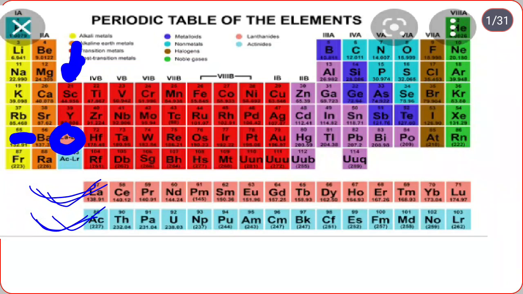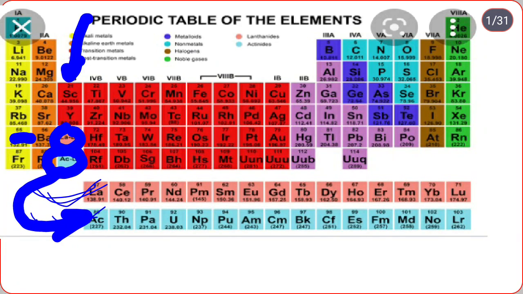This group number is third, also known as third B. And that of the actinide series is in seventh period, and it is also in third group, that is third B. So let us start questions from F block elements.